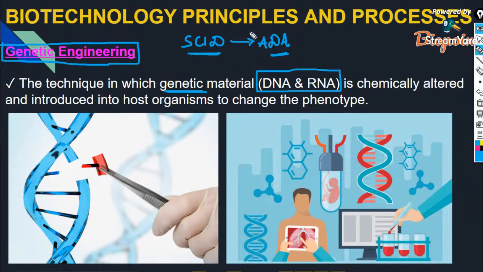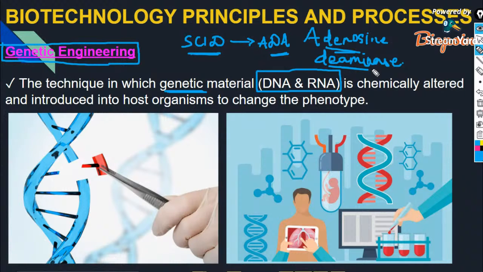I hope you know the spelling of the term, adenosine deaminase. You will discuss in detail the concept of the adenosine deaminase enzyme and the SCID defect in the upcoming chapter on biotechnology and its application.